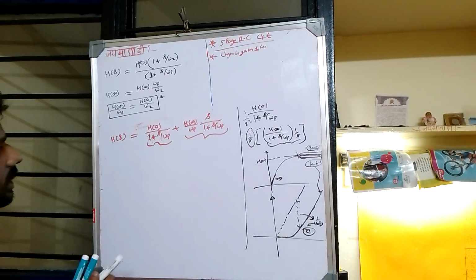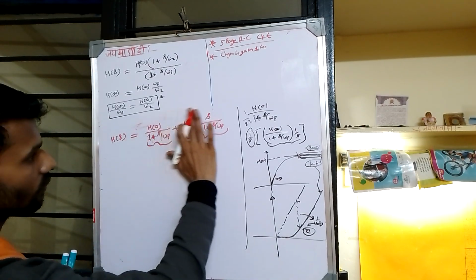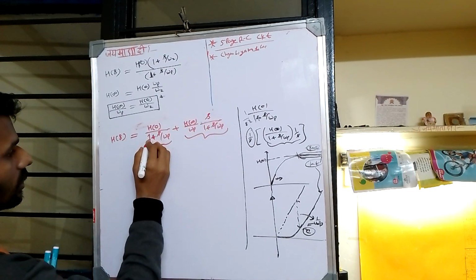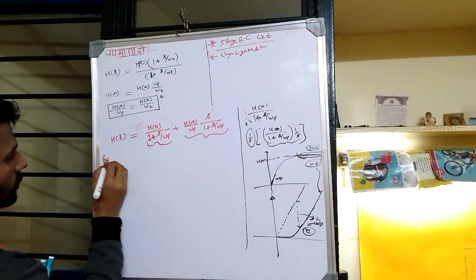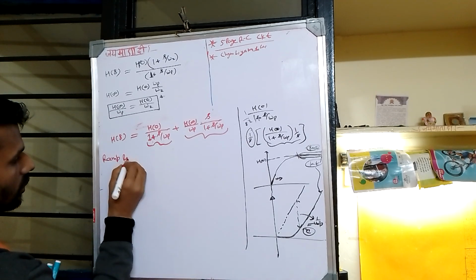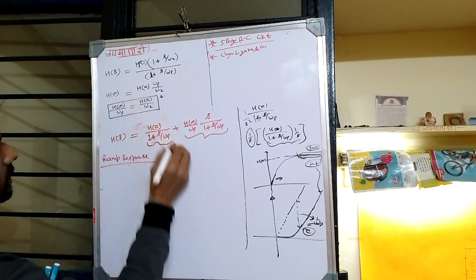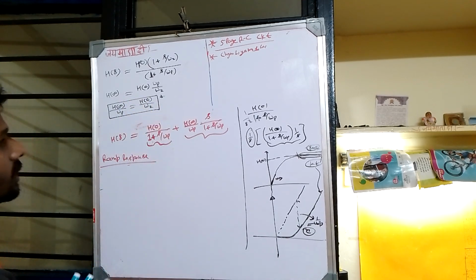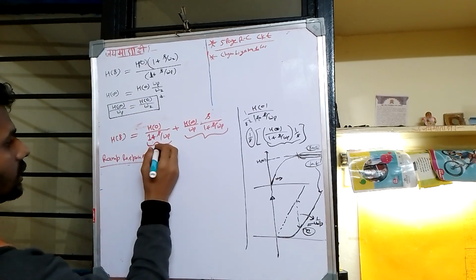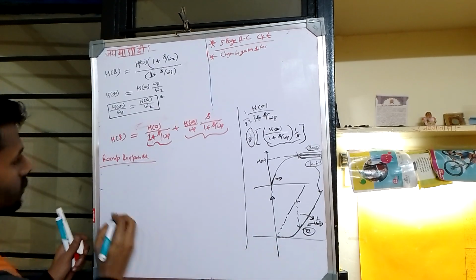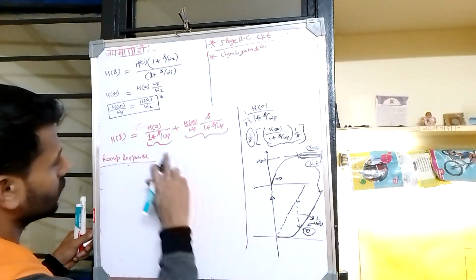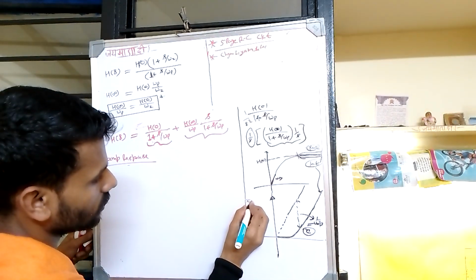After that, I want to discuss the total ramp response for this transfer function. Okay, so see, for this, this will be the ramp response.